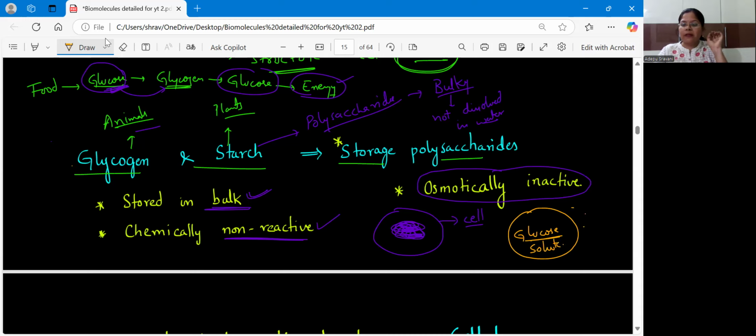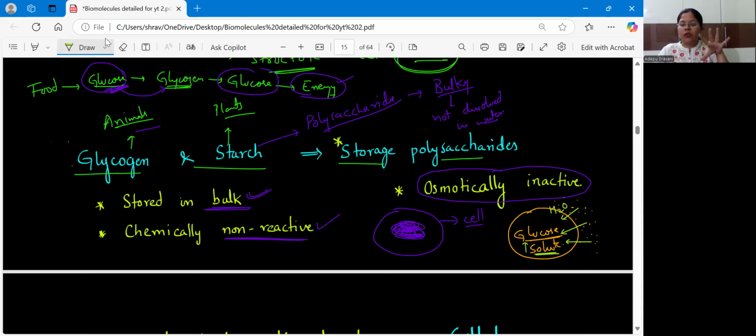Now, what happens? The water which is present around this cell, okay, now we know the osmosis and everything. Usually, the water around this cell will tend to enter inside the cell because of the higher concentration of solute. Because whenever we have more solute on any side, the water tends to move in.